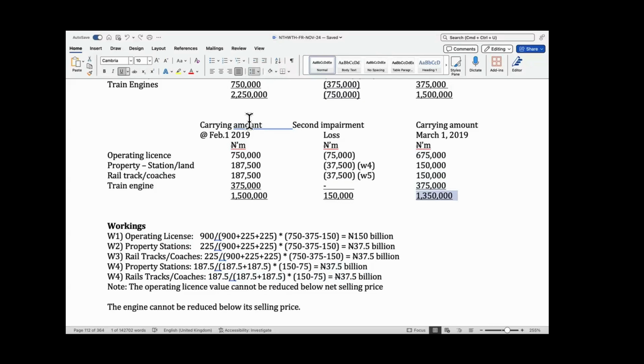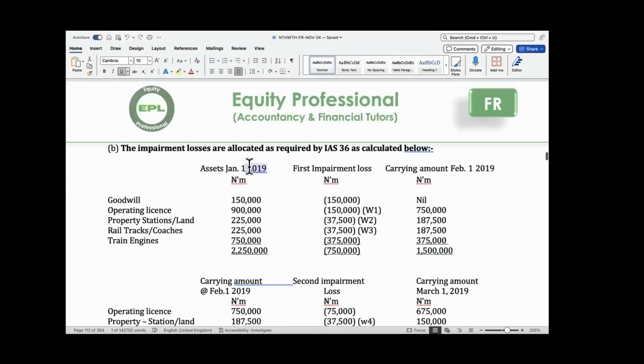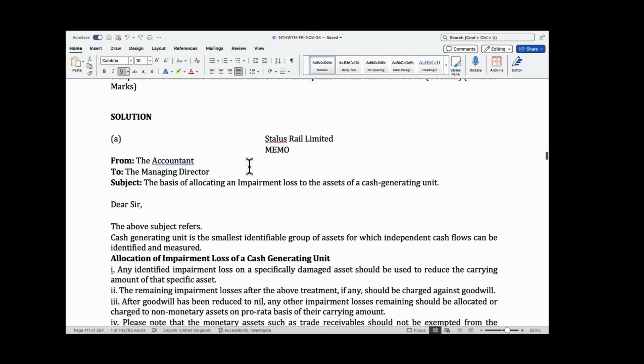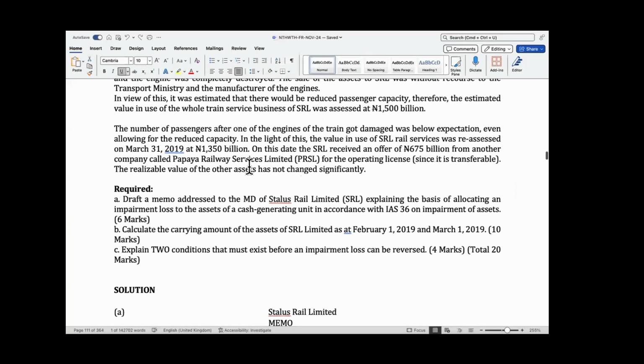Okay, so that is that for that question. Then the question also says we should explain two conditions that must exist before an impairment loss can be reversed. So I already mentioned that before you can reverse an impairment loss, there must be an upward movement in the value of the assets.